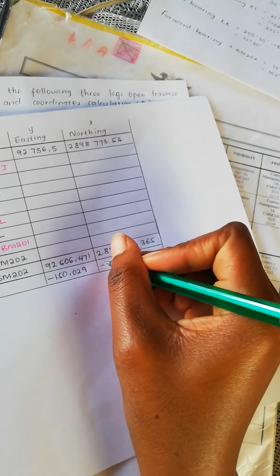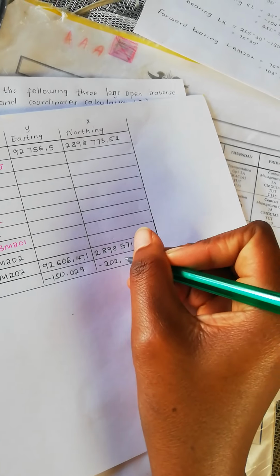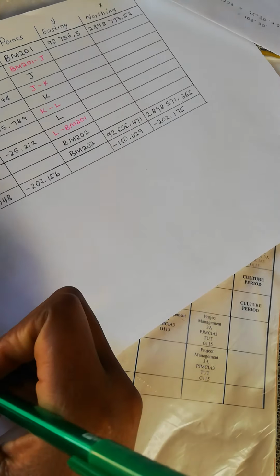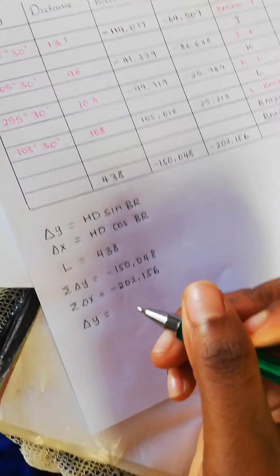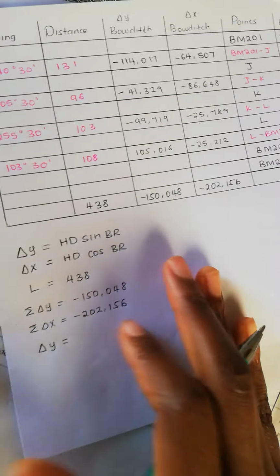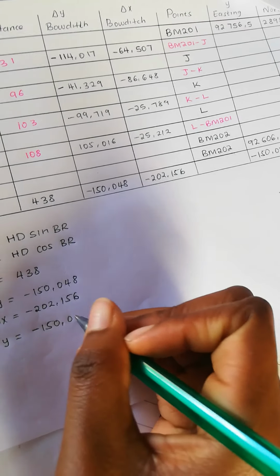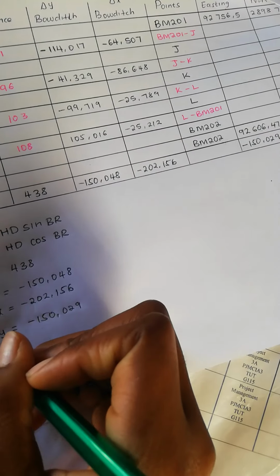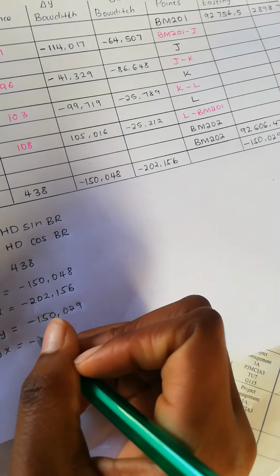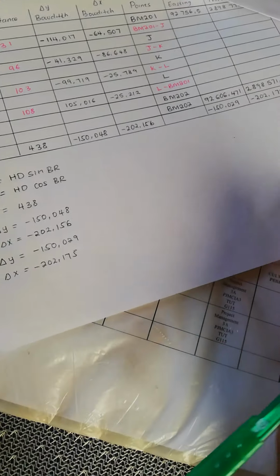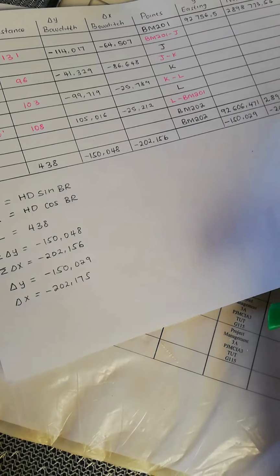And then here I got minus 202,175. Let me write them here. Change in y equal to minus 150,029, change in x equal to minus 202,175. Now when you are done, you need to calculate your error.